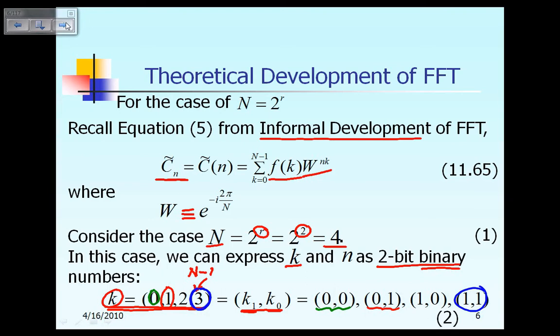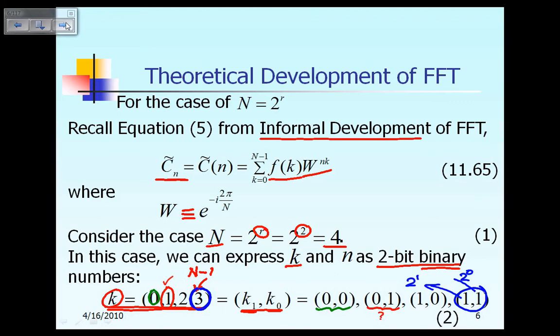The reason is that this number 1 here you have to multiply by 2 raised to the power 0, and then this number 1 here you have to multiply by 2 raised to the power 1, and when you add those two numbers together, that will be equal to 3. For the same reason, this number 1 can be expressed as 0 comma 1.